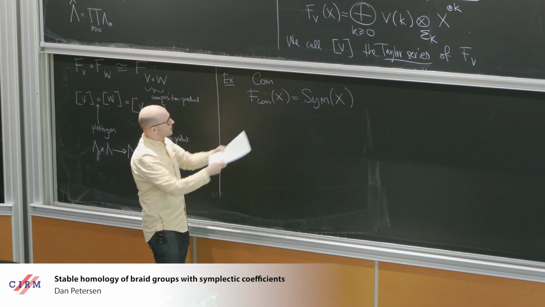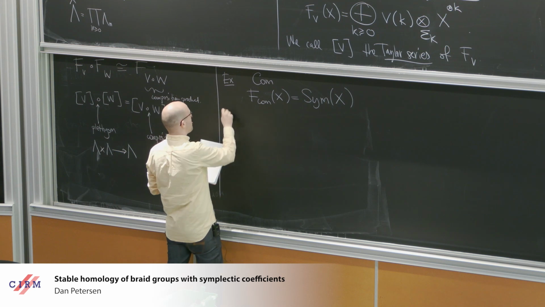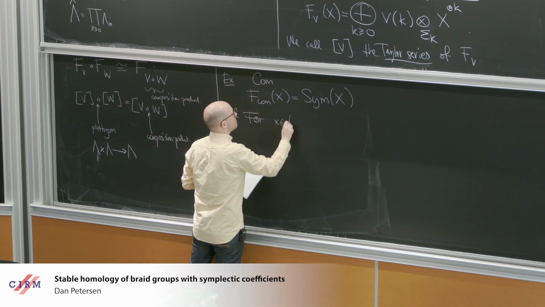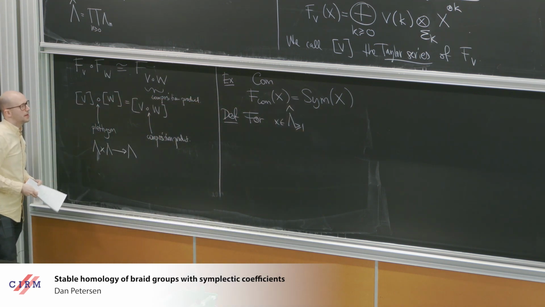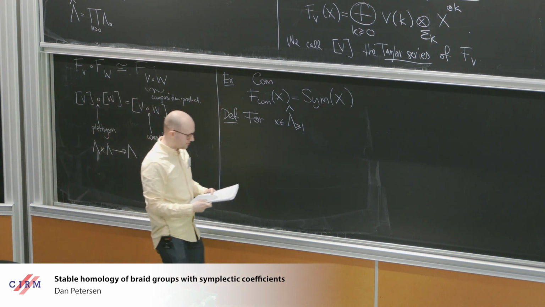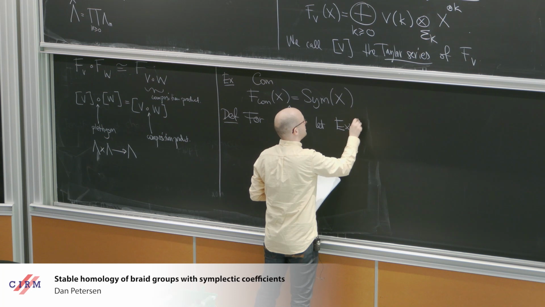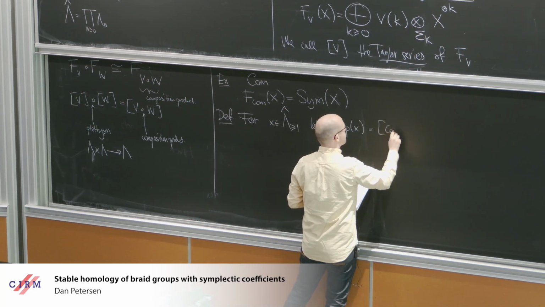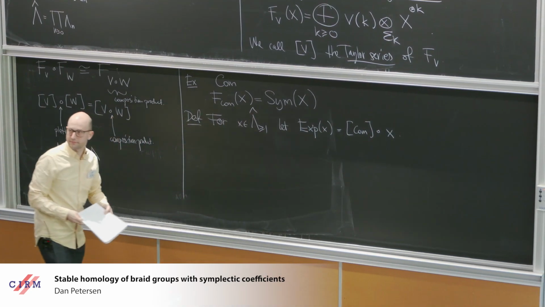And this particular analytic functor will be important, and I make the following definition. If I have an element x in lambda hat which has vanishing constant term, then I define exp of x to be this plethysm.